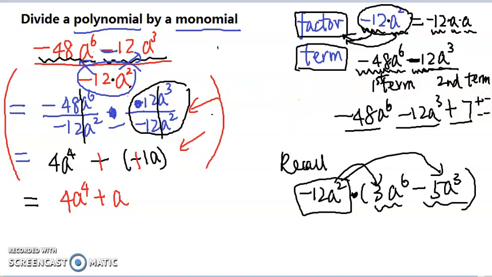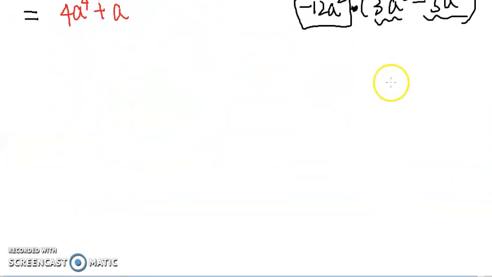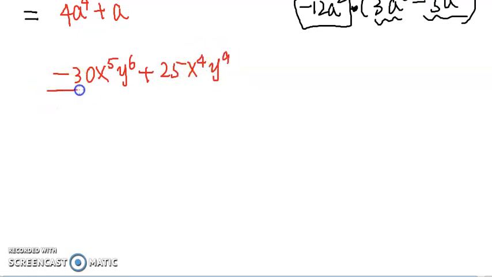Now let's look at another example. Say if we have negative 30 x to the 5th, y to the 6th, plus 25 x to the 4th and y to the 9th, divided by negative 5 x to the 3rd, y to the 4th.